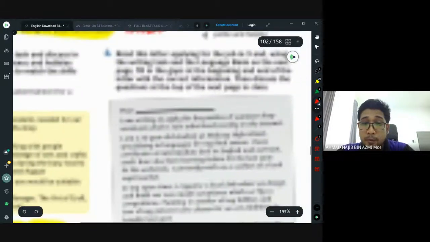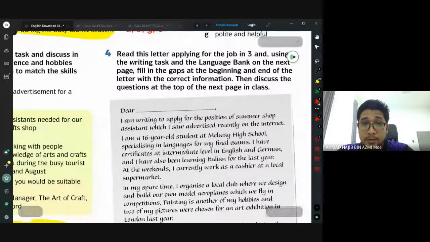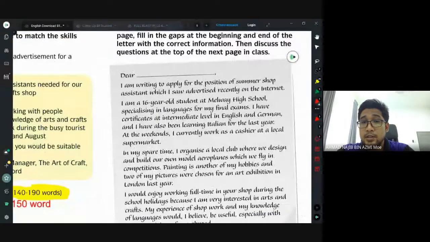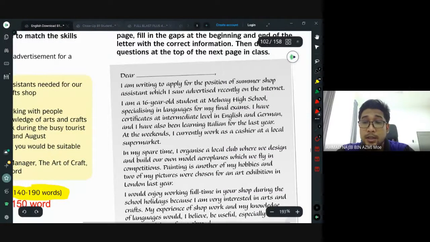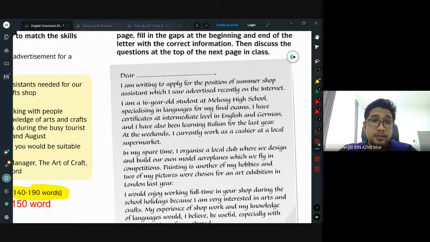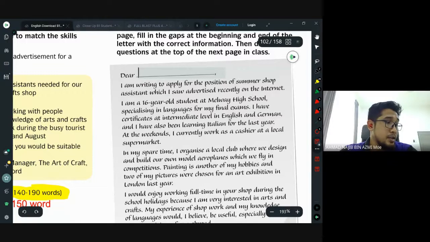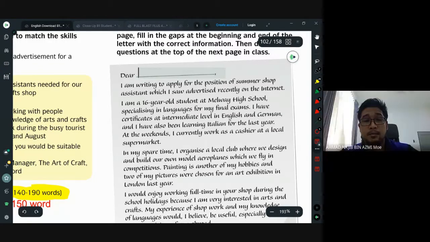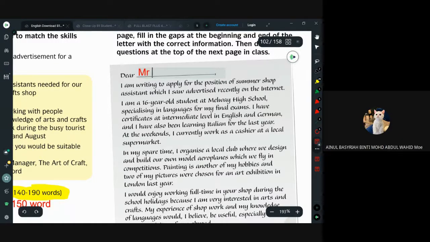So, for the beginning, dear, kita mulakan terus ya surat macam ni, terus je dear apa. Who are we writing this to? Look at the question. Robert. Dear Robert Brown. Manager of company. Robert Brown. So you can write Mr. Brown.